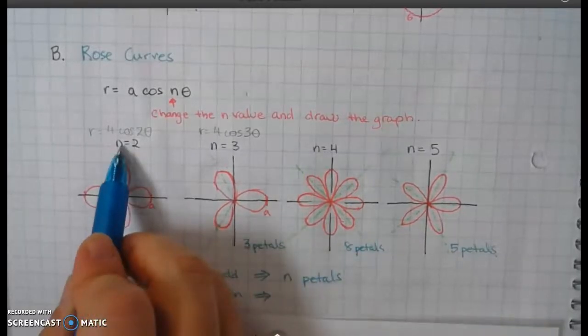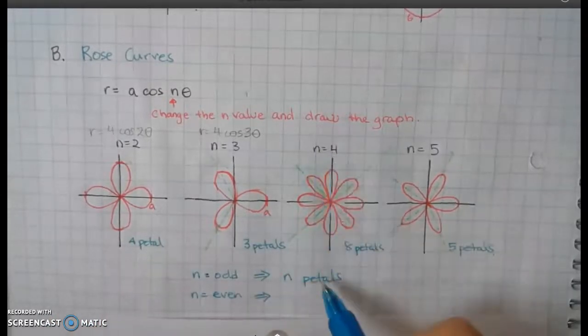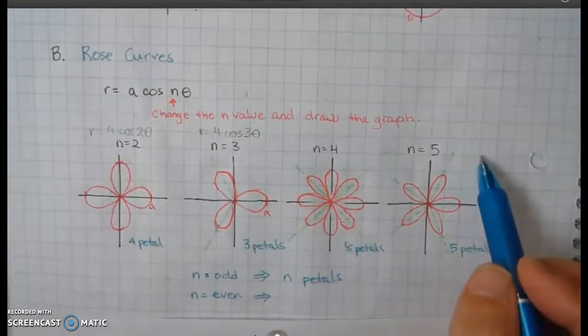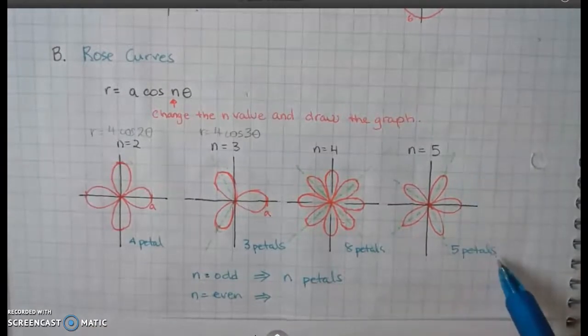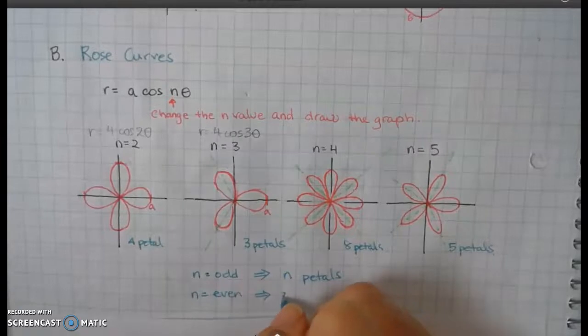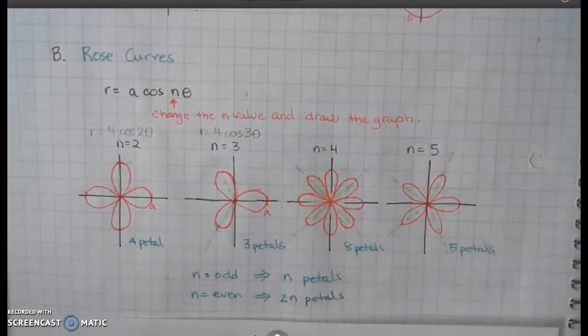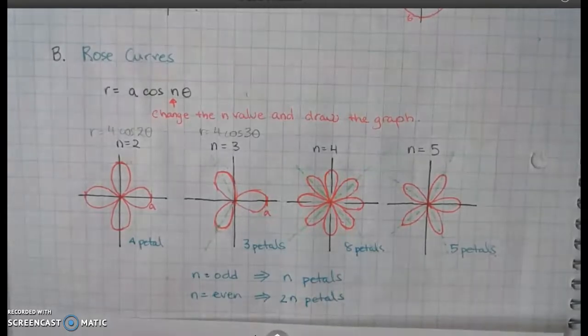So here n was 2, so the number of petals was 4. Here n was 4, so the number of petals was 8. If I had n equal to 6, the number of petals I would expect would be 12. So here it will be 2 times n petals. Okay, so this is a pattern that you need to recognize.